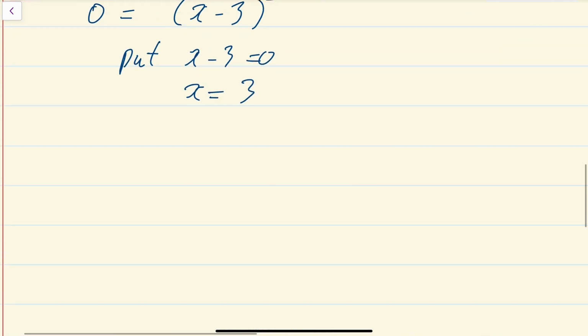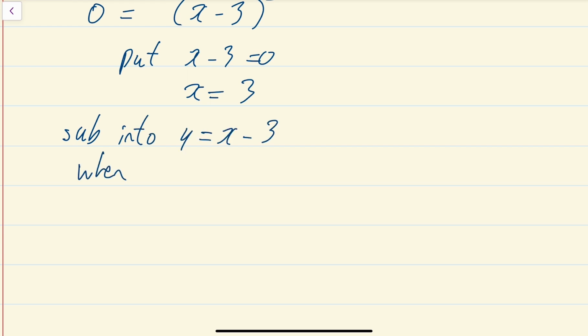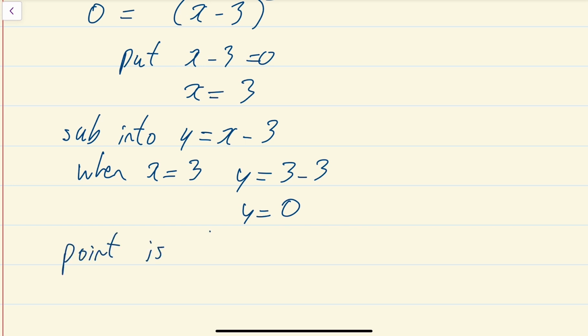So just say, sub into y is equal to x minus 3. When x equals 3, y is equal to 3 minus 3, so y is equal to 0. So your point, or your coordinate, you could have said, point is 3, 0, and that is you done.